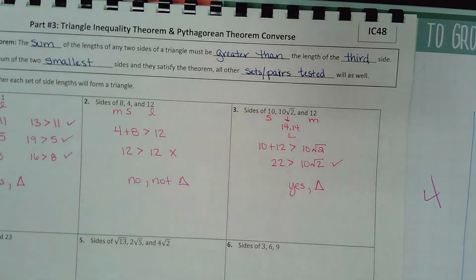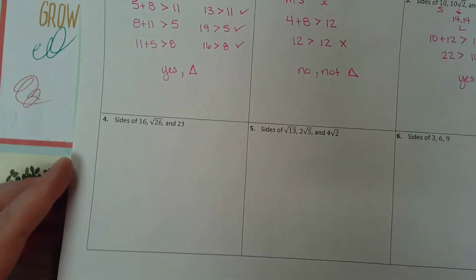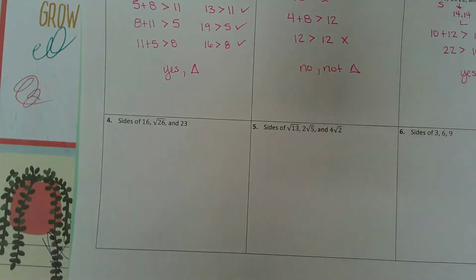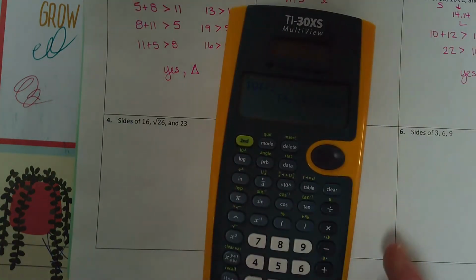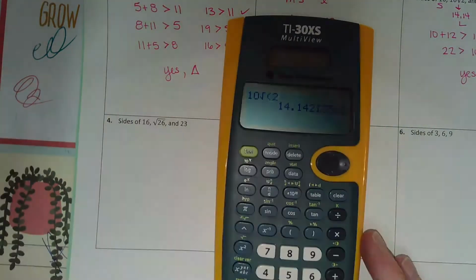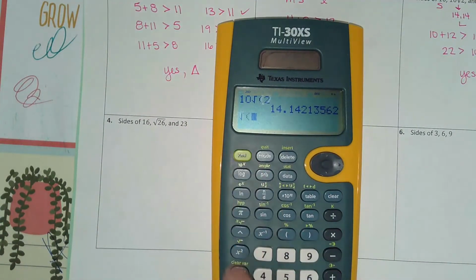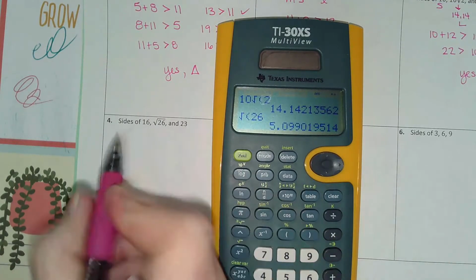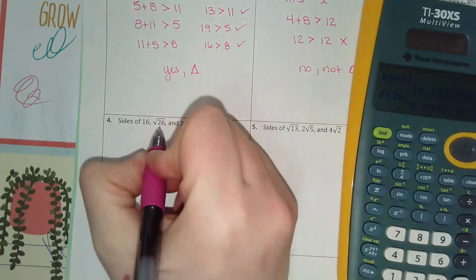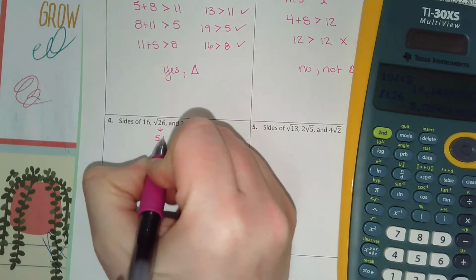Okay, next one. 16, root 26, and 23 are my three sides. I don't know what the square root of 26 is, so I'm going to take my calculator, second square root 26, and I get 5.09.